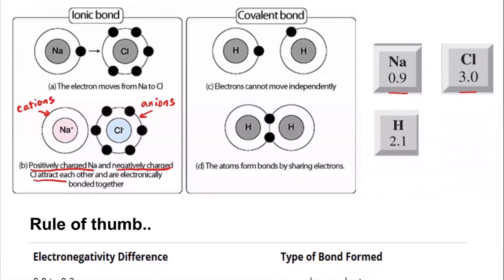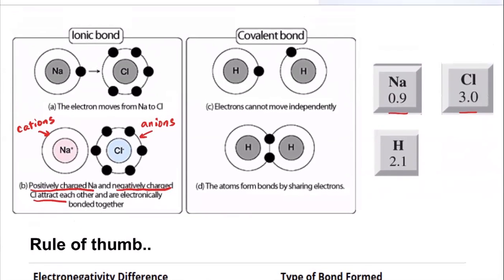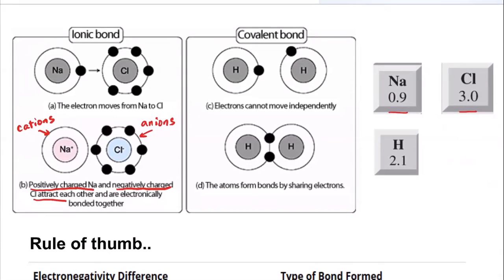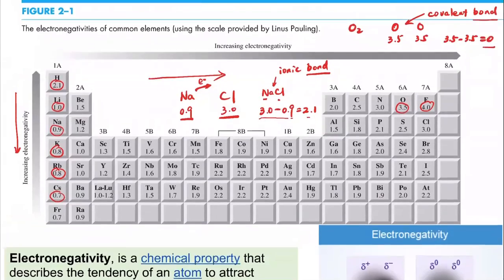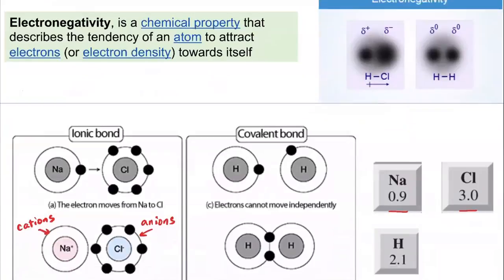And as we have said, the covalent bond is built up when the electronegativity doesn't have a difference, or the difference is very low. So how do we decide whether a bond is a covalent bond or an ionic bond? We're going to use the values shown in this table of electronegativity.